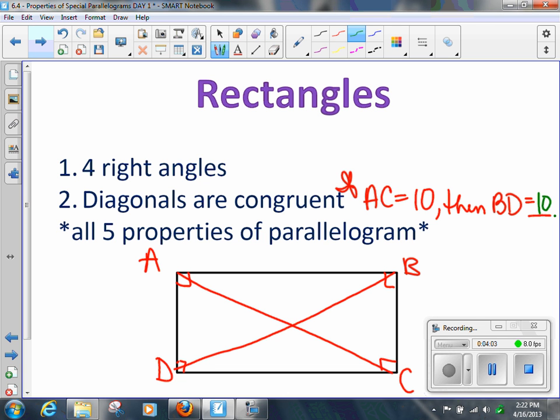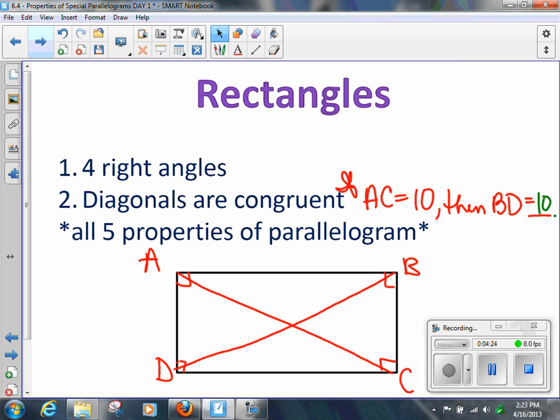That's a rectangle. And then look how many other properties it has. It has the 5 properties of a parallelogram. What do you know about a rectangle's opposite sides? They're parallel and congruent. What do you know about its opposite angles? They're congruent. What do you know about consecutive angles? What do you know about their diagonals? They bisect each other.